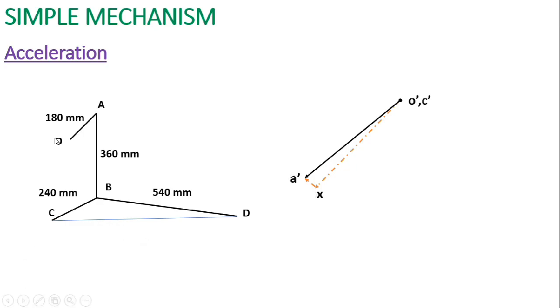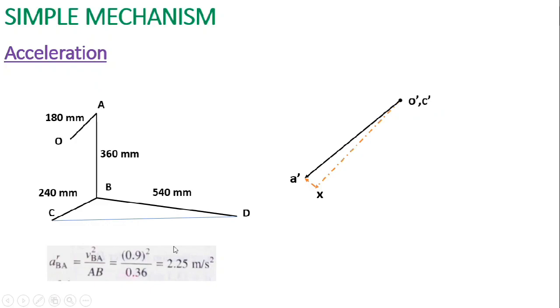Similarly, coming to the link AB, here we know the radial acceleration vector will be along this link AB, and the tangential acceleration vector will be perpendicular to this. Now the magnitude of the tangential is unknown, whereas the magnitude of radial acceleration of AB can be calculated with this equation, and VBA we have already calculated.